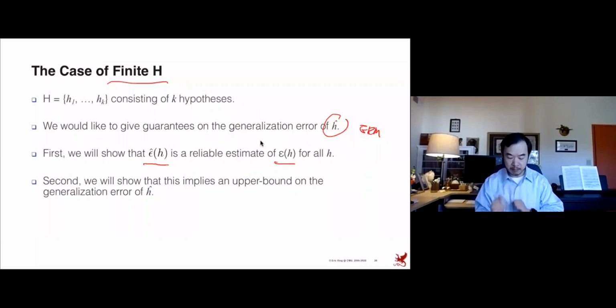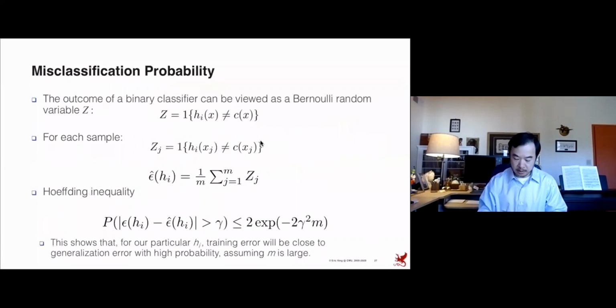And we're going to say that these two are close. And then secondly, once this is established, we're going to say that this one somehow leads to a nice upper bound of the error for this. Okay, that's the strategy. The first one is very easy.